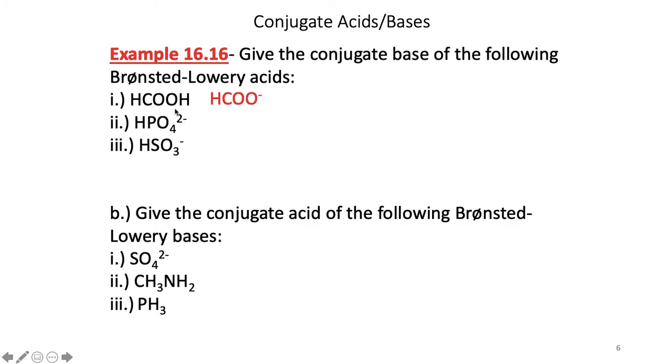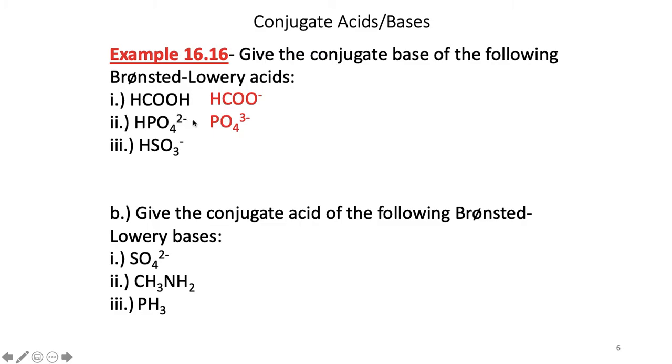Let's look at this one. I have HPO4 2 minus. It's acting as an acid, which means it's going to get rid of that H plus, decreasing the charge by 1. So it's going to be PO4 3 minus. I got rid of that hydrogen and I decreased the charge.